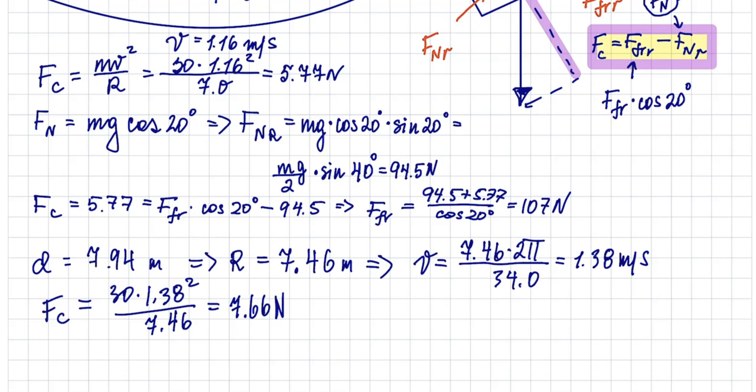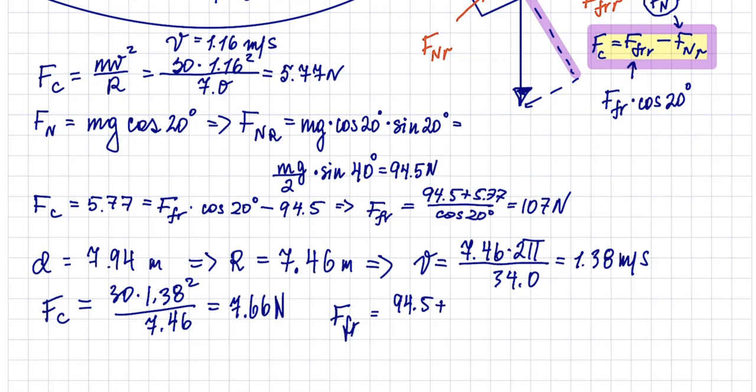Then, after we figured out our centripetal force, we're going to figure out our friction force. Force of friction is going to be the new, so our normal radial didn't change, 94.5 still.